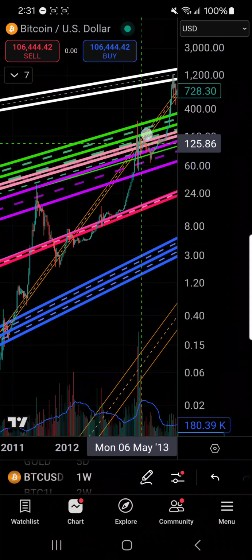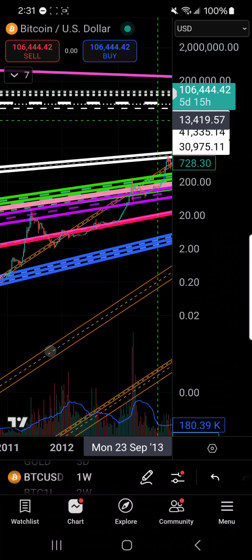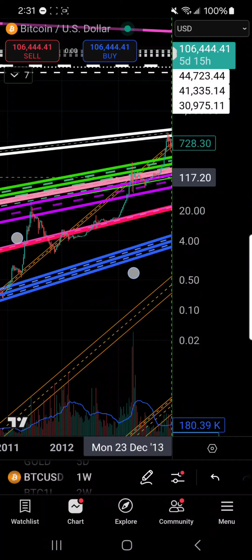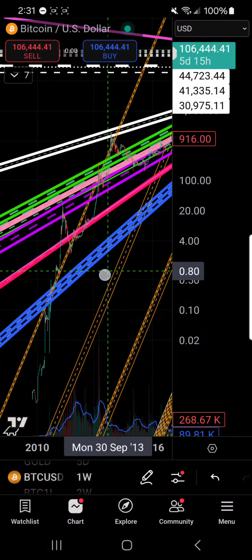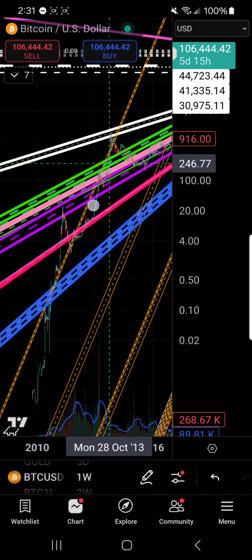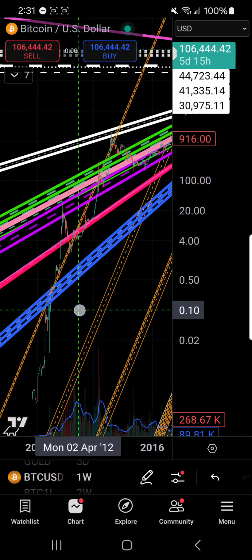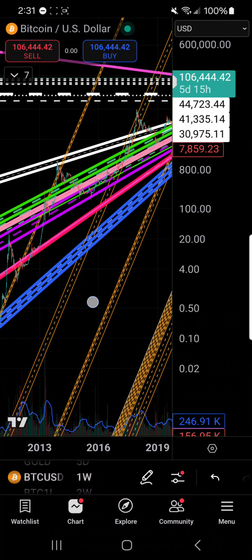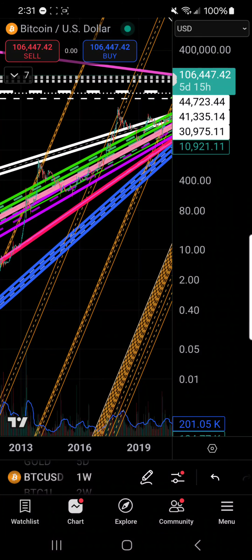The slope of the channel in the first few years of Bitcoin's existence is the same. Which is really interesting. This is the first time I've noticed that.